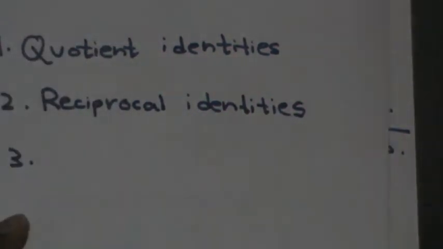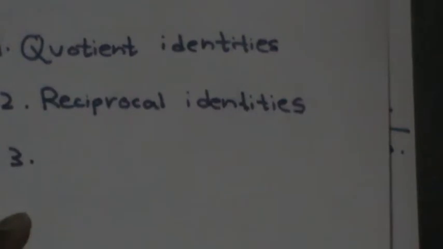The third one is the Pythagorean identities.